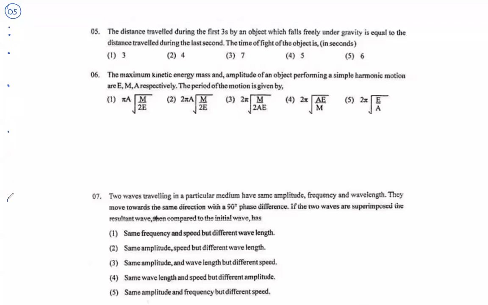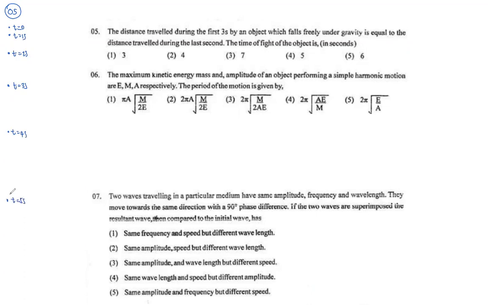So when time is equal to 0, this is time equal to 0, and this is time equal to 1 second. Time is equal to 2 seconds, 3 seconds, 4 seconds, 5 seconds.